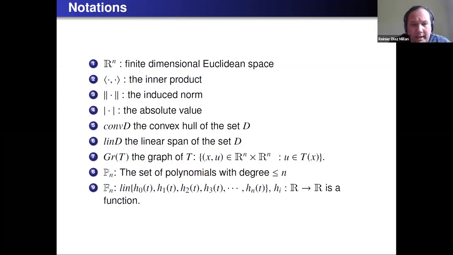That is, we will take a linear combination of n or n plus one functions, where all of them are just functions, and when you take, for example, h_i of t equal to t to the power i, F_n becomes P_n, the set of polynomials with degree less or equal to n.